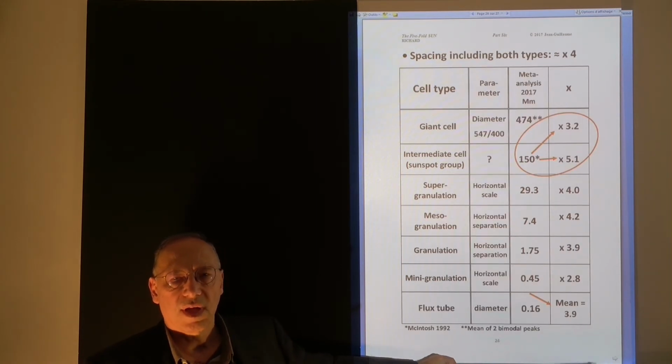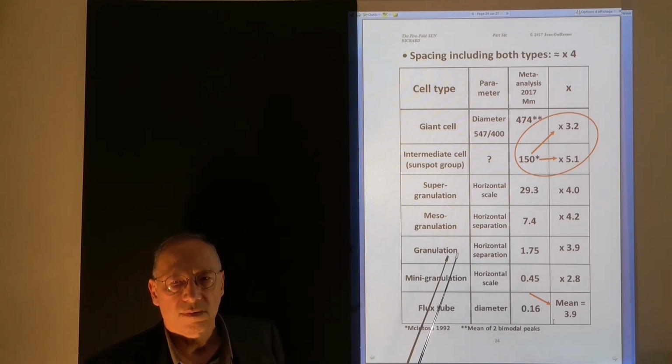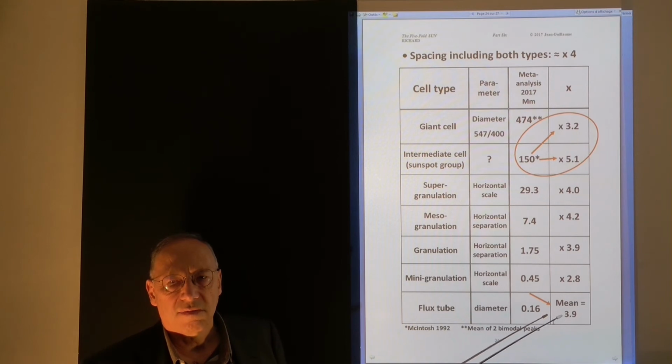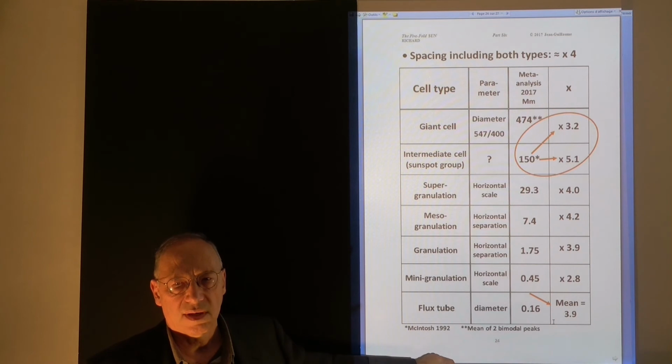So if we now include both types in a continuous distribution, we have a mean of the factors between consecutive cell sizes of 3.9, which approaches, in fact, an integral value of 4.